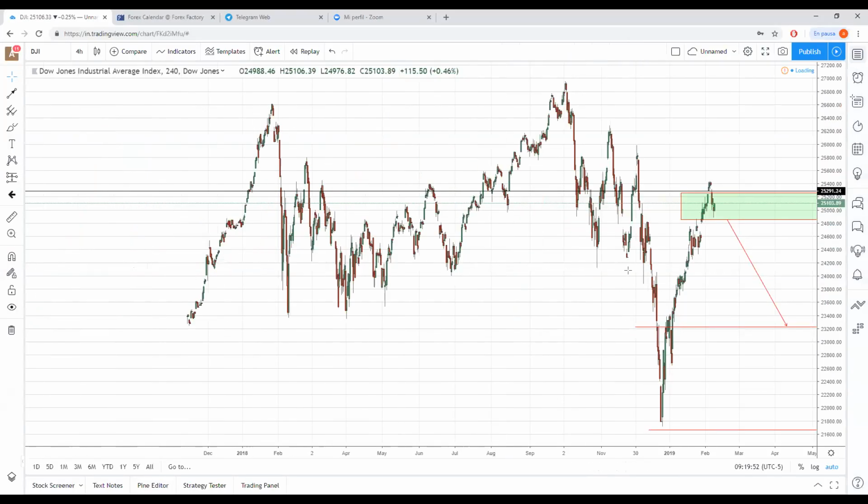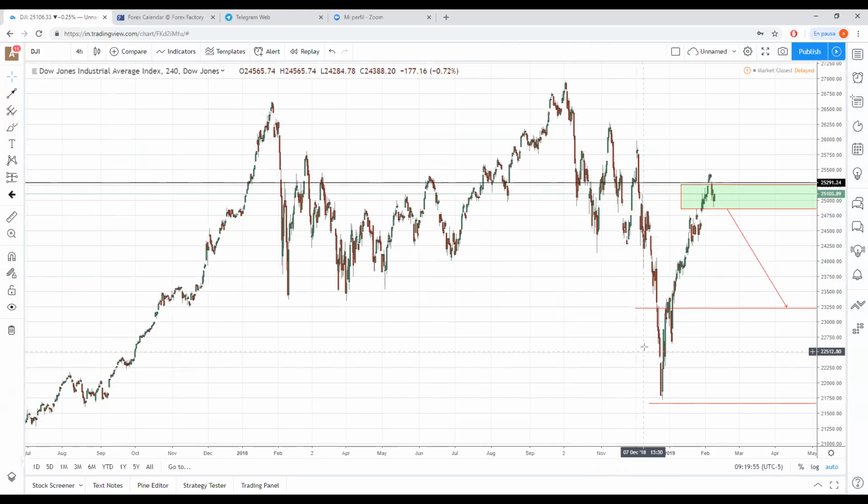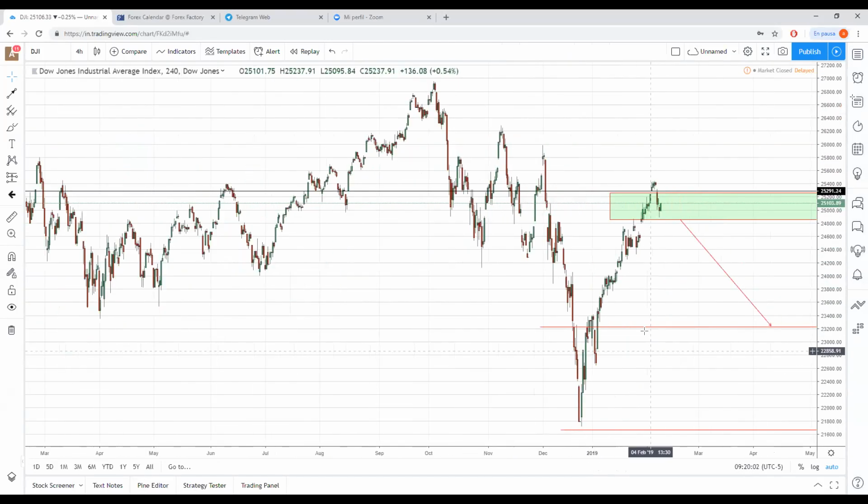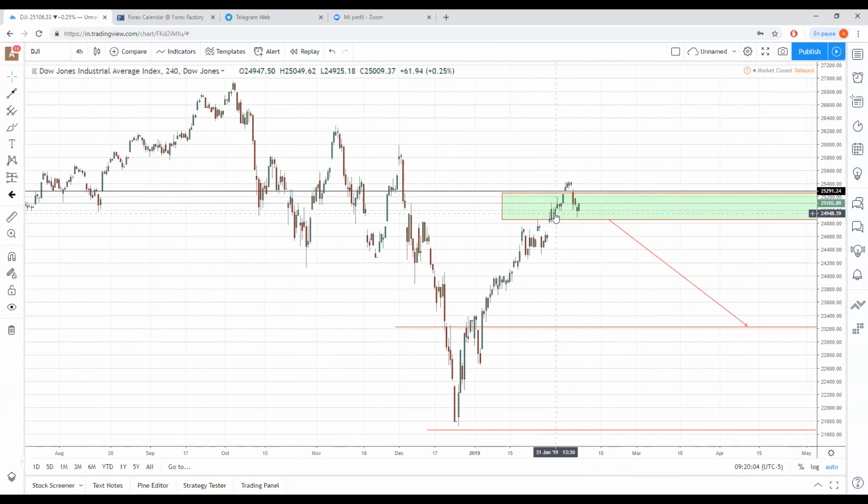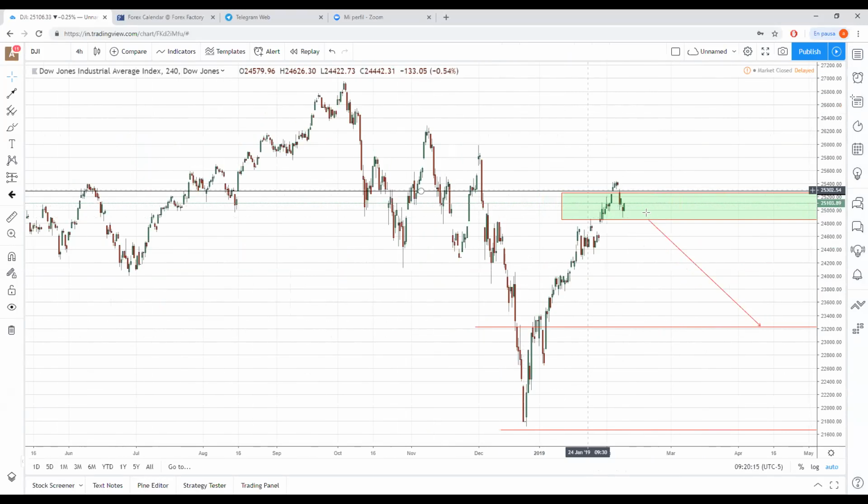Let's start with the Dow Jones Industrial Average. As we were discussing last week, when we launched the video, prices were around these areas, and I told you that this green highlighted area was a good area to look for shorts because sellers were adding positions around this area.